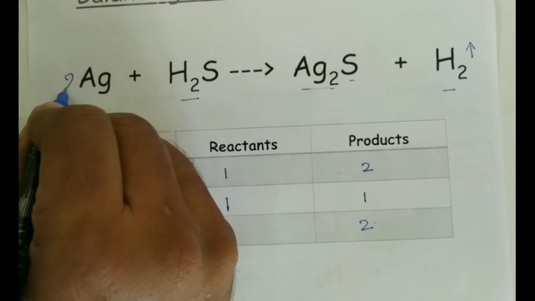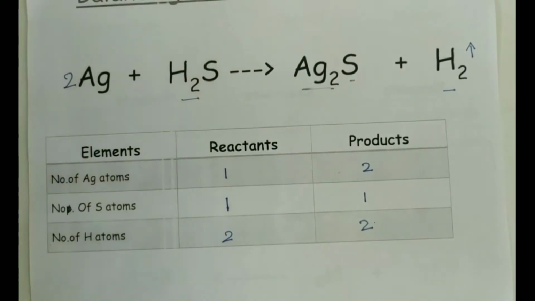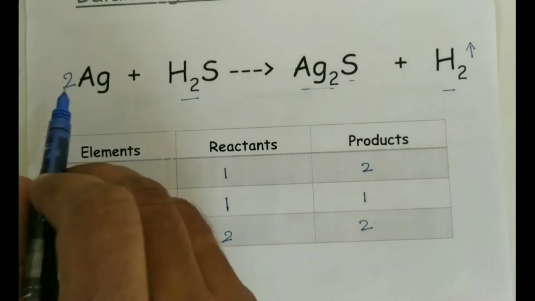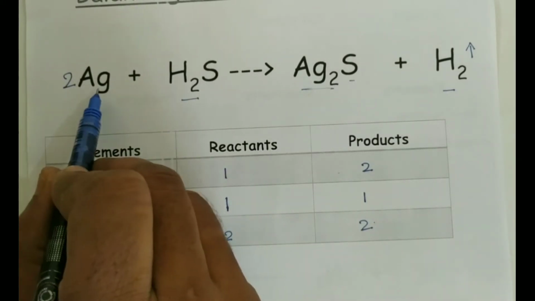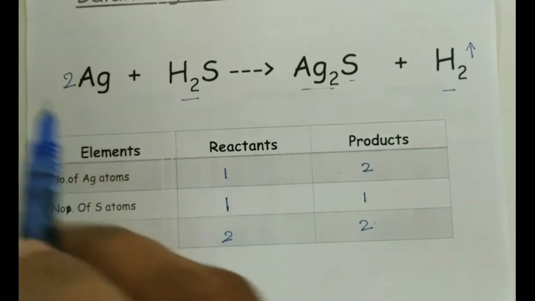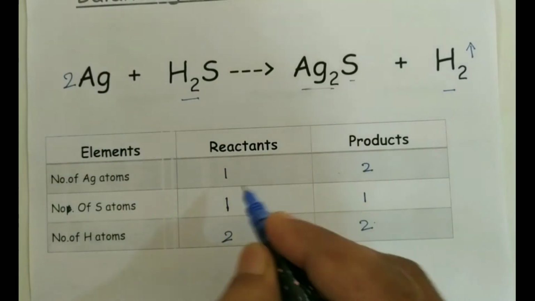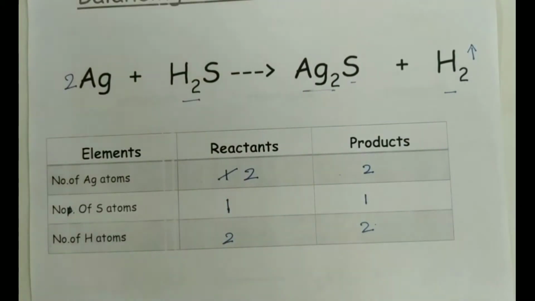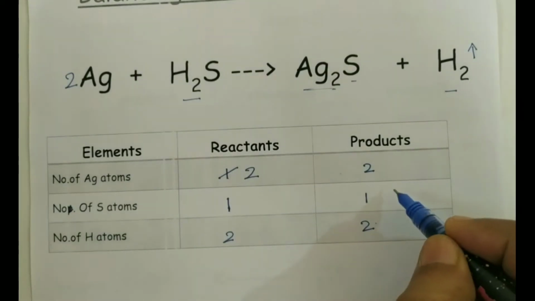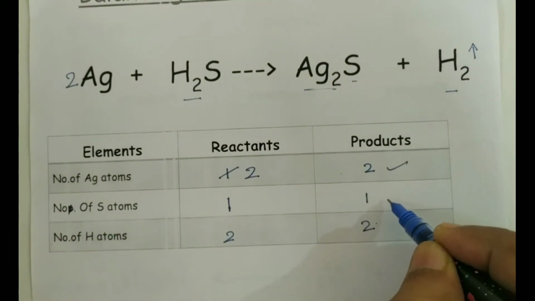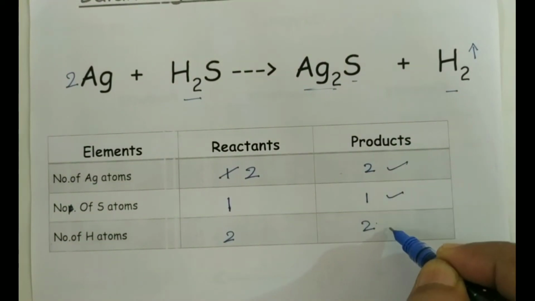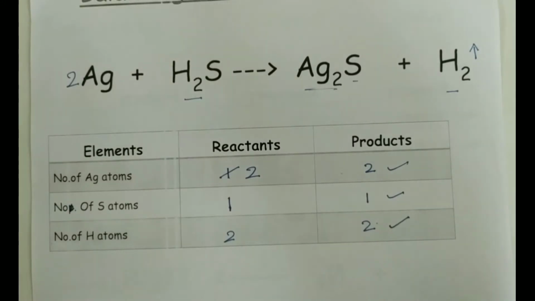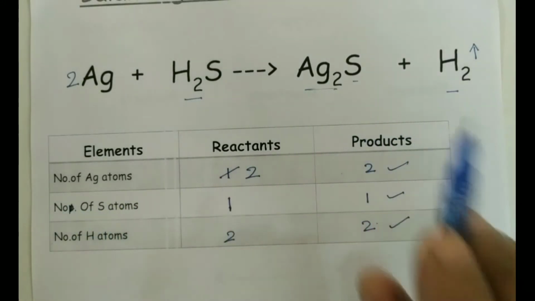I will write coefficient 2 in front of Ag, and when I multiply, Ag also becomes 2, and now both sides Ag is balanced. S atom was already balanced, and the H atom also. Now the chemical reaction is balanced.